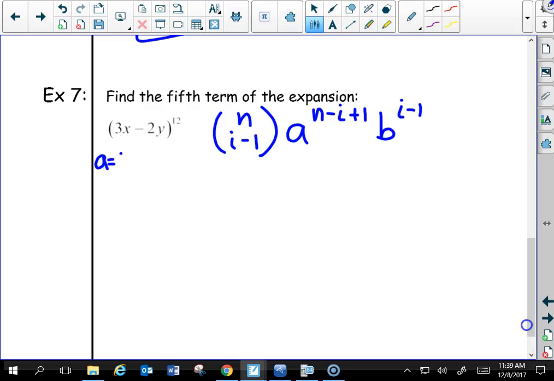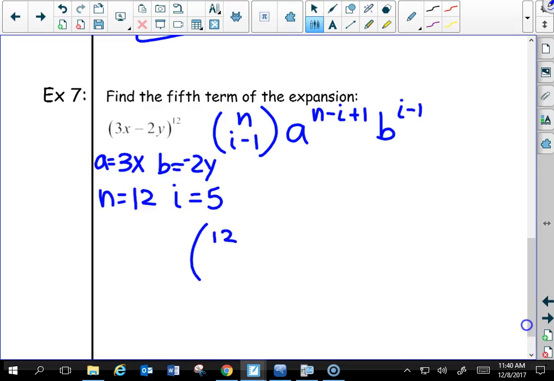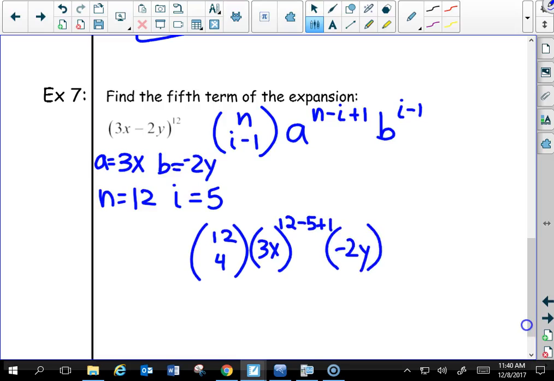All right, a is 3x. b is negative 2y. n equals 12, and they want the fifth term, so i equals 5. 12, and 5 minus 1 is 4. a is 3x to the 12 minus i plus 1, and then b is negative 2y to the 5 minus 1, to the fourth power.